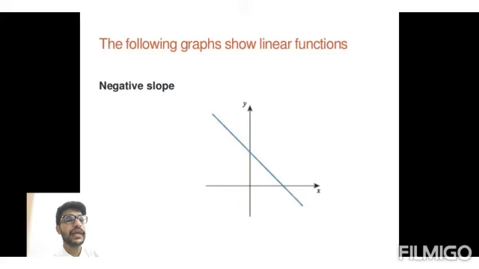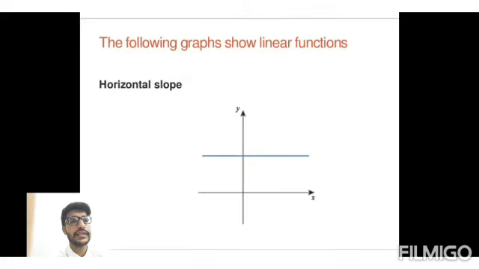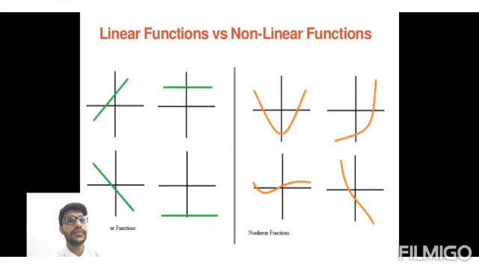The negative slope: the blue line falls, which is a negative slope. A horizontal blue line has zero slope.